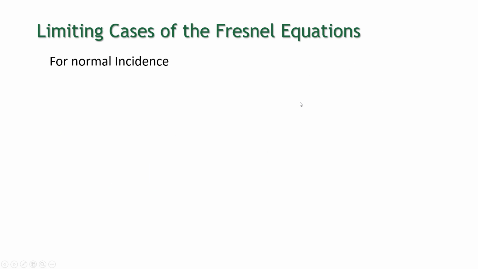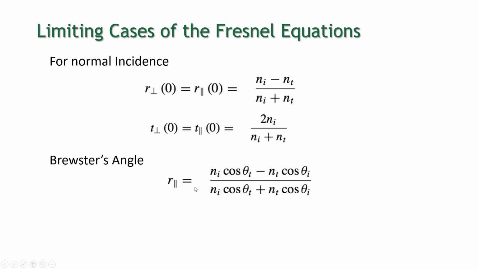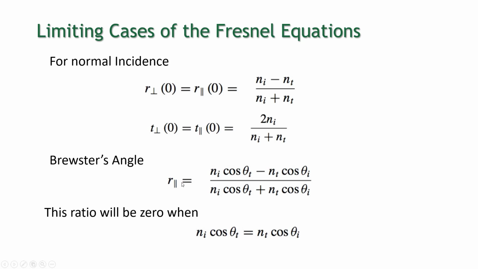And we also did the problem, and we saw the limiting cases, and then we derived an equation for a condition when this R parallel is 0, when there is no parallel reflected electric field. That particular angle of incidence is called Brewster angle or polarization angle.